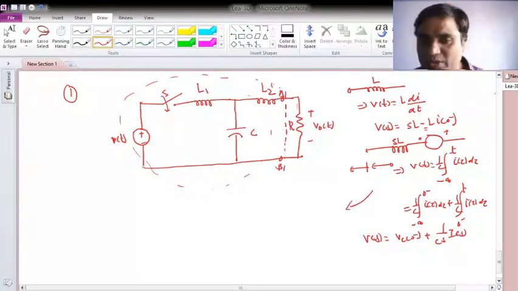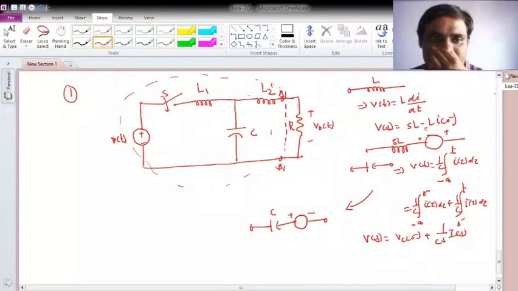So its equivalent in the Laplace domain is like this, with polarity plus and negative. Remember the difference between these two. For an inductor, the voltage source has the opposite polarity, negative with positive, and for a capacitor the voltage source will be positive with negative.